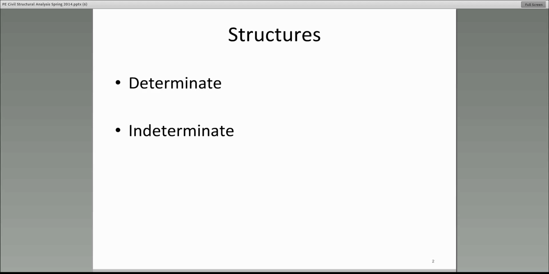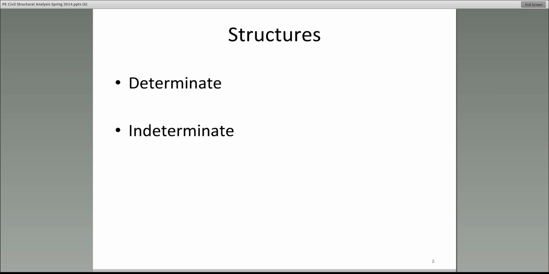The PE exam used to cover both determinate and indeterminate structures in the morning exam. However, about 3 years ago, when the construction module was added to the test, they eliminated indeterminate structures analysis from the morning exam.